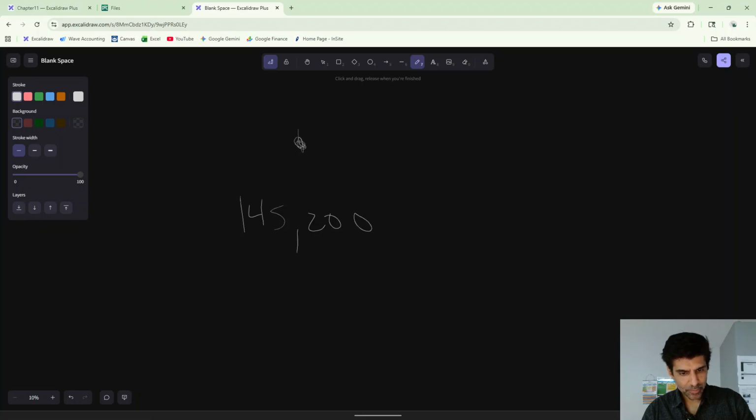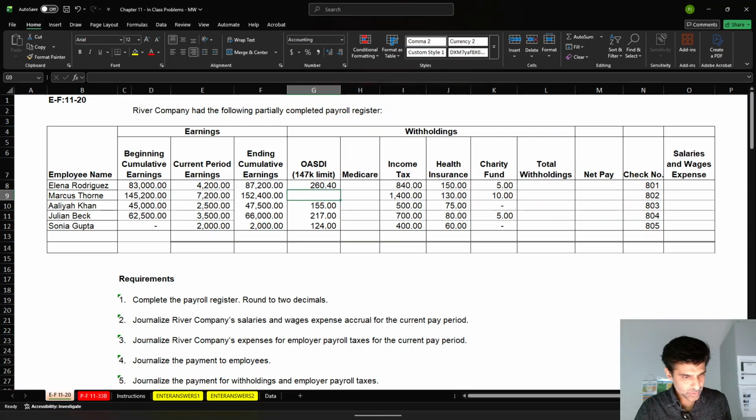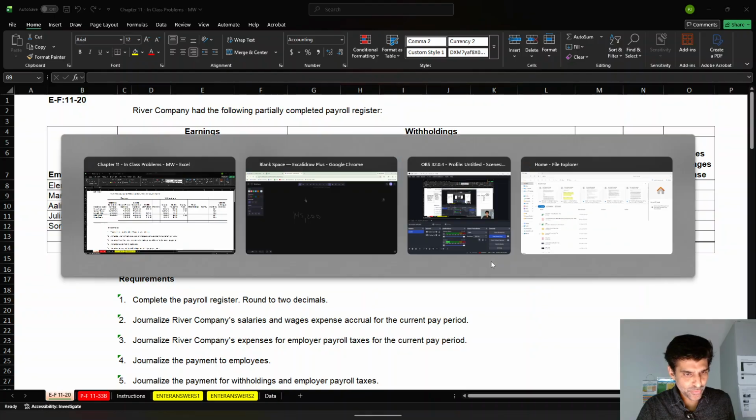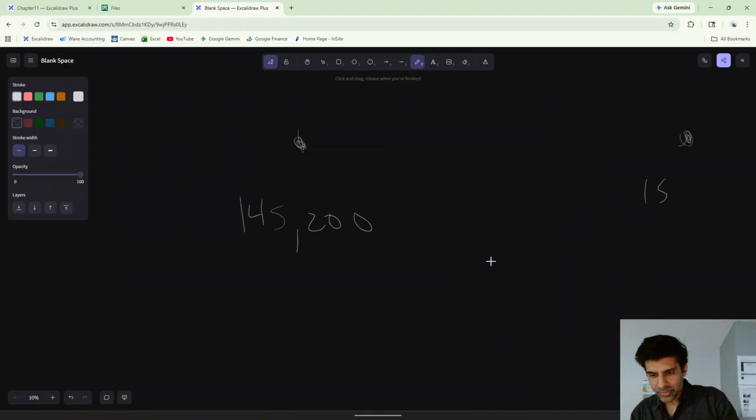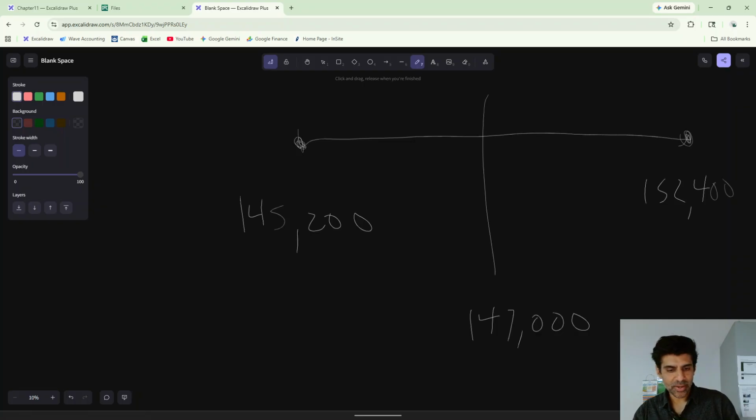So we're at this point, and then they're gonna go to 152,400. And along the way, they're gonna cross over the $147,000 limit.